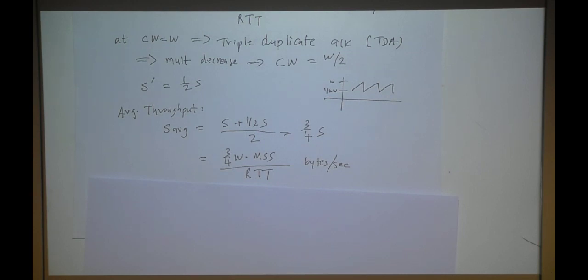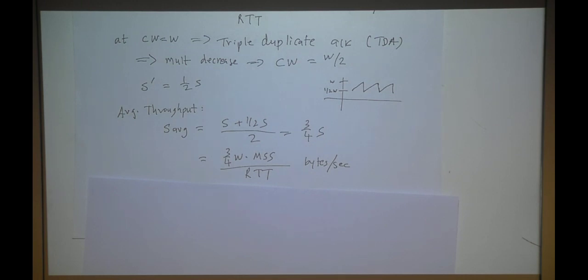Yeah, it will go down and vice versa. So it's inversely related. But it turns out it's not inversely proportional to the loss rate. It turns out there's a function of loss rate in the denominator, and there's a square root of loss rate.